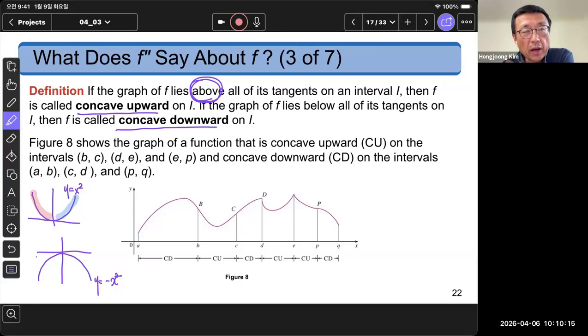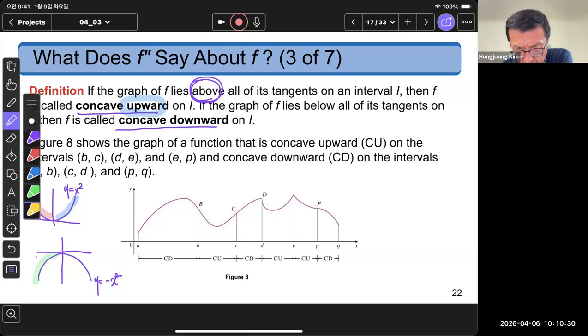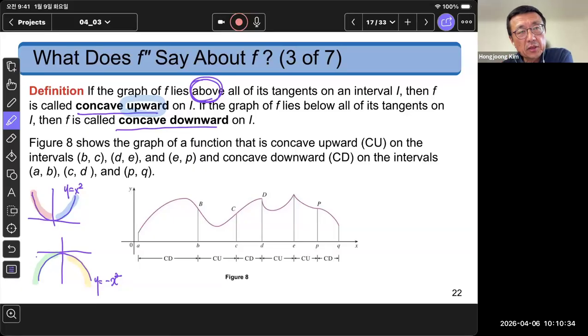As long as the graph looks like that of x squared, then you get concave upward. If you see certain pattern as in negative x squared, then the curve will be concave downward.